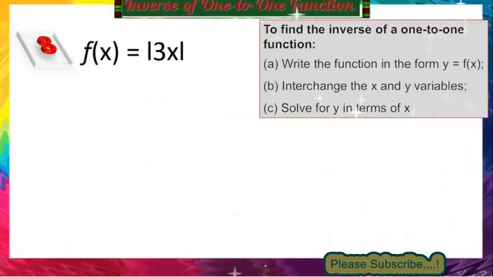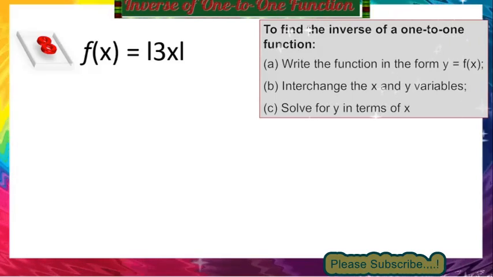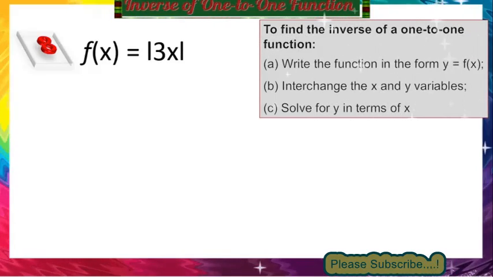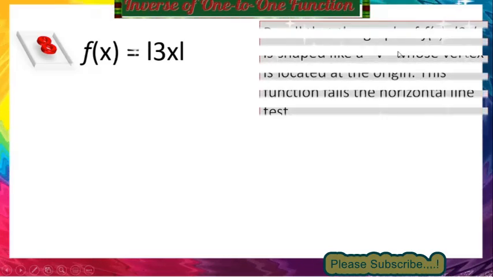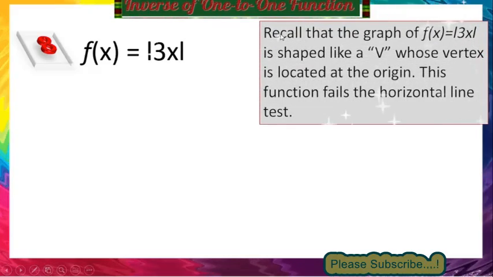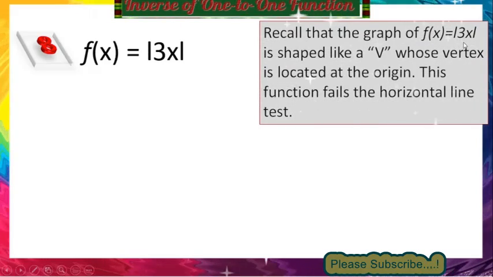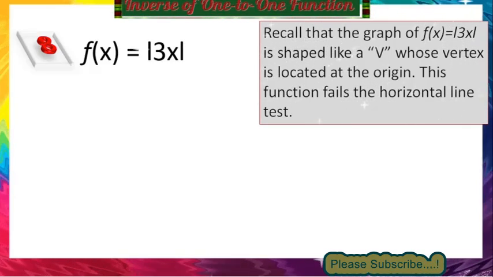Okay, next. f of x equals the absolute value of 3x. So in this case, let us recall the graph of f of x equals the absolute value of 3x.